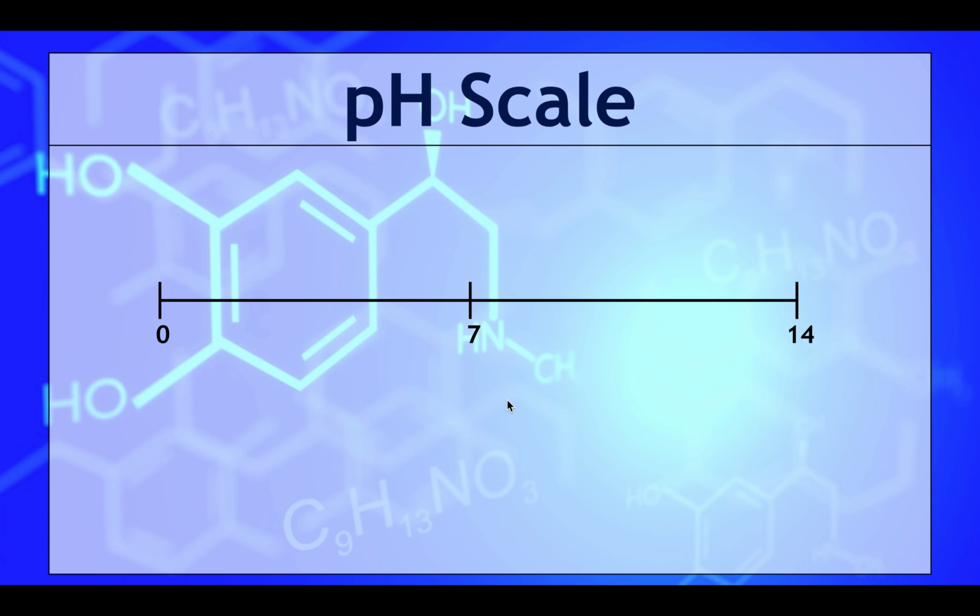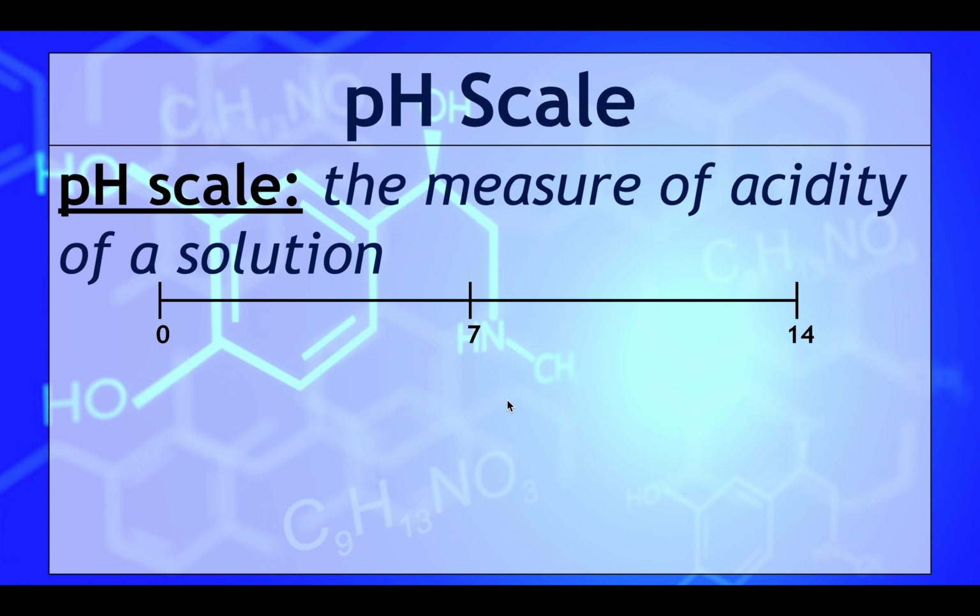Let's talk for a second about the pH scale. The pH scale is the measure of the acidity of a solution. Anything that's less than 7, between 0 and 7, is acidic. 7 is considered to be neutral, and anything above 7 is considered to be basic. So on this side, you're going to have a lot of hydrogen ions.